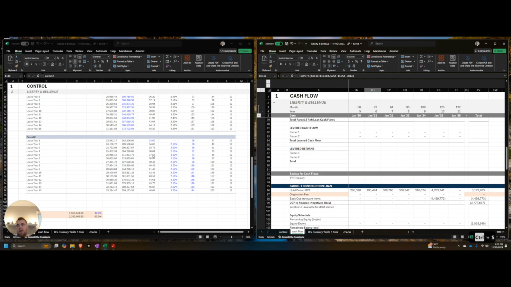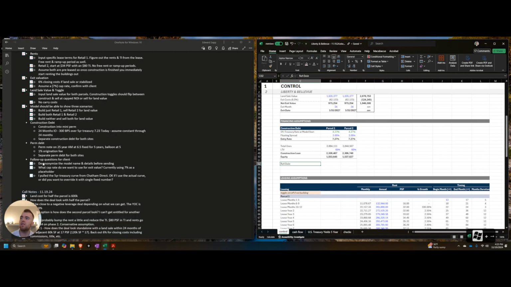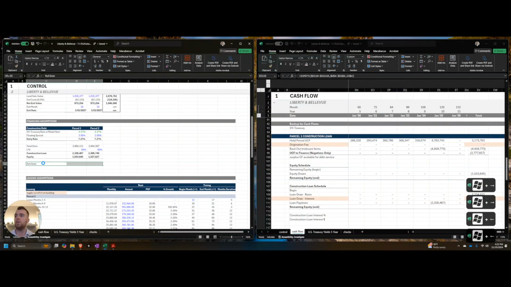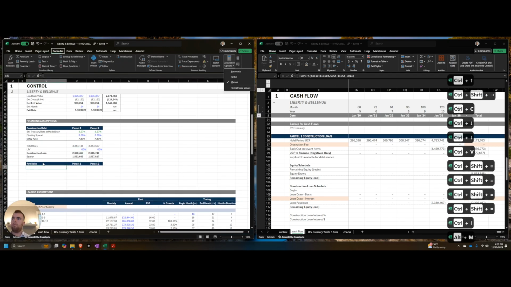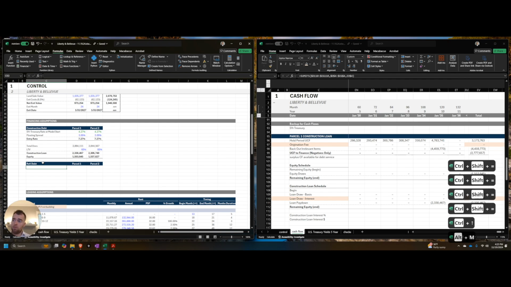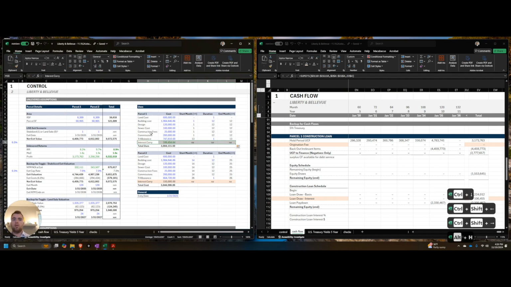So I'm not done though. I need to do refi debt. I'm gonna finish parcel 1 out because then parcel 2 is really just a continuation of the same logic. I'm gonna rename this. Doesn't need to be 0.